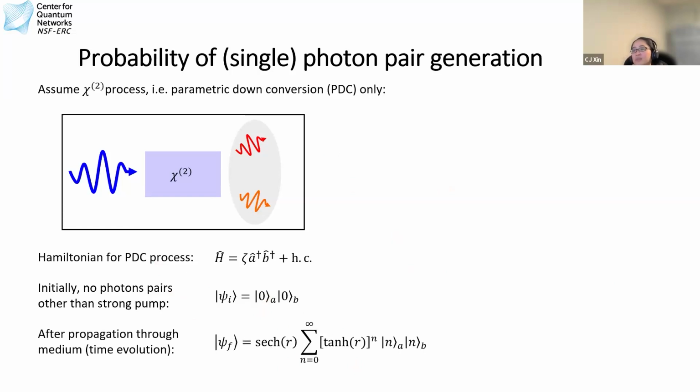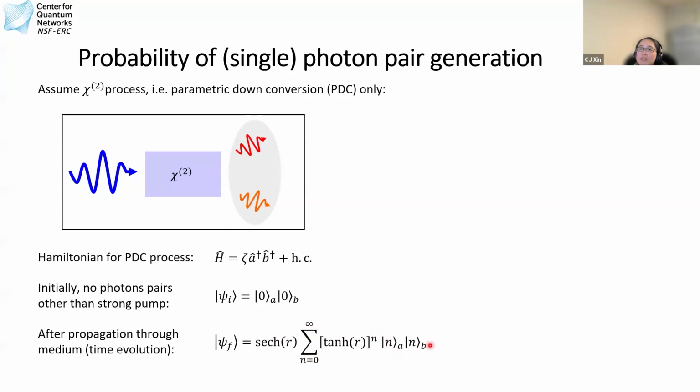At the end of it, if you work out this exponent and apply it, what you end up with is the following. You have a hyperbolic secant with argument r, and then a summation of this coefficient raised to the power n, where n is the number of photons in each mode that's generated.